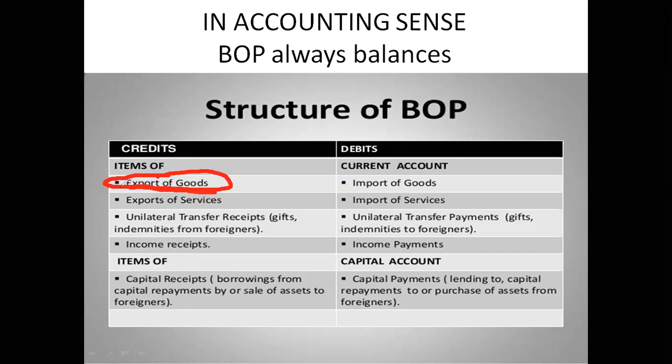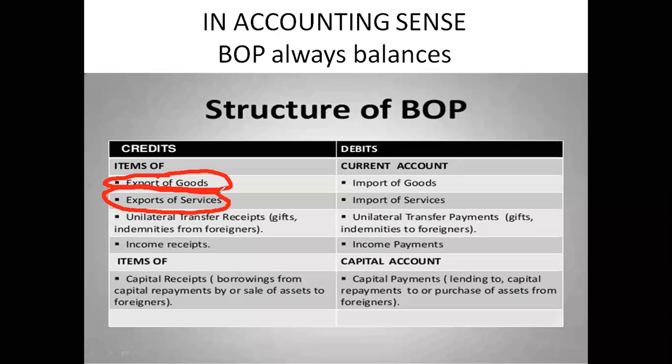Okay, then export of service. Like goods, we have services also which we export to other countries. Like we can export the shipping service, the insurance service, the banking and finance service, any other service. So whatever services we are exporting to others, that also is part of the credit items of BOP.